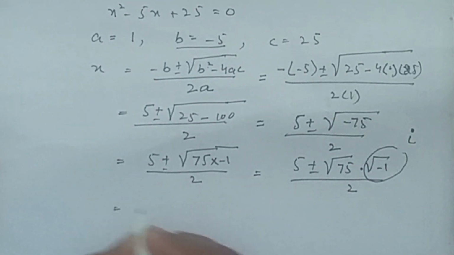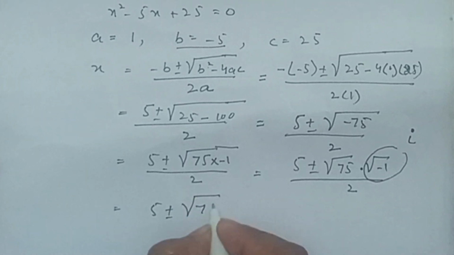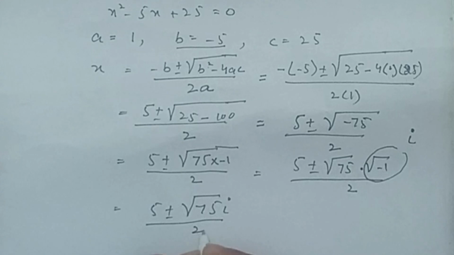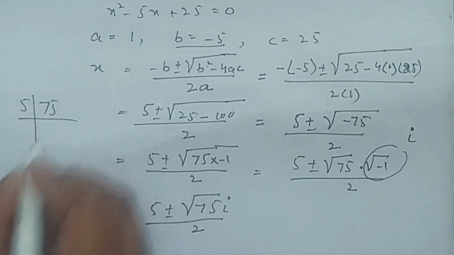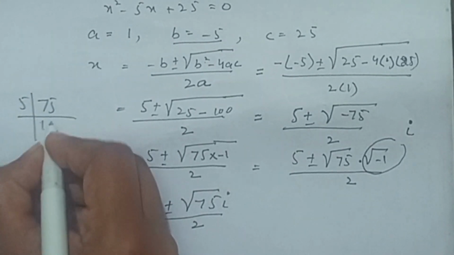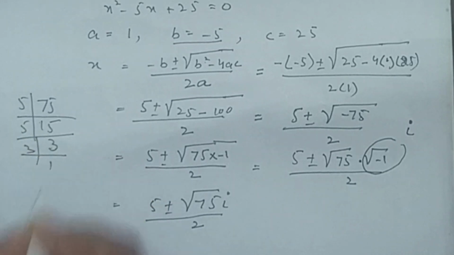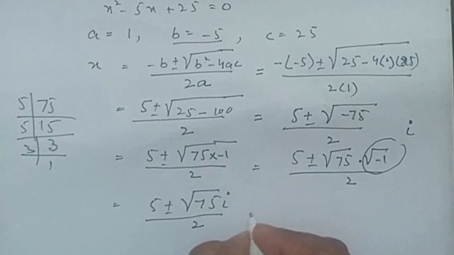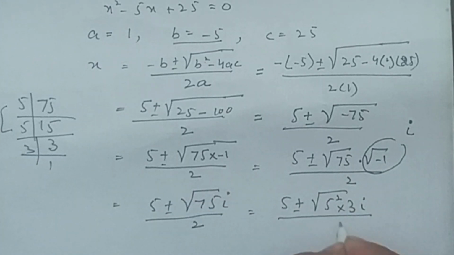So this is 5 plus minus square root 75 iota over 2. Now we simplify this 75. 5 15s are 75, 5 3s are 15, and 3 1s are 3. So we get 5 plus minus, this is 5 square because we have 2 times 5, and this is 3 iota over 2.